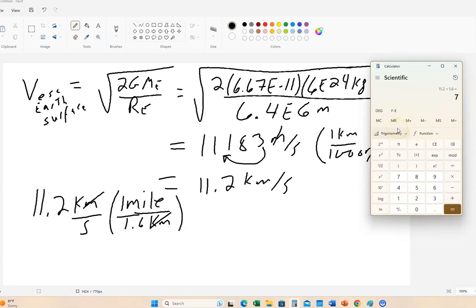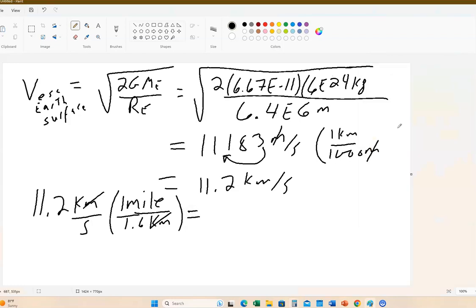So that's how fast, if you're going to launch a rocket and it's never going to come back to Earth, it should be moving at about 7 miles per second. Miles per second. All right, so let's continue converting this.